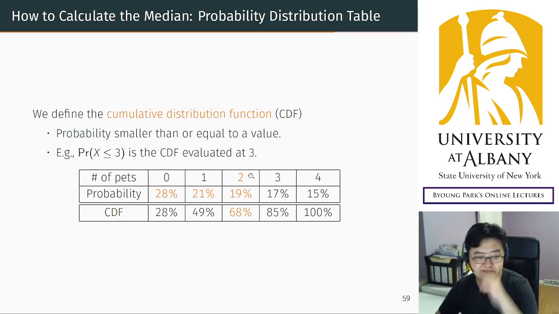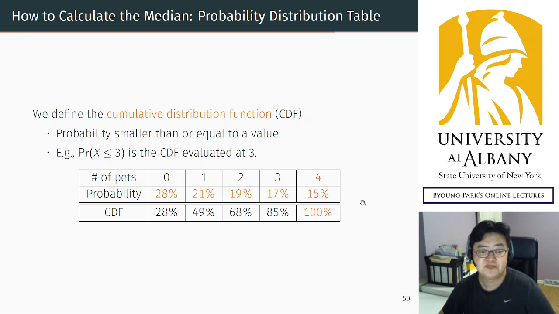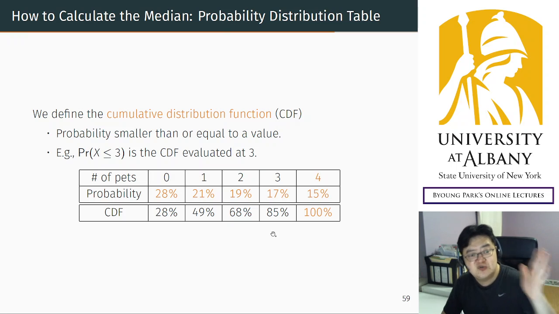Similarly, at 2 the cumulative probability is 68%, and then 3, 4. At 4, if you accumulate probability up to 4, it's everything, because all the possible outcomes are 4 or smaller. So in the end, the cumulative probability should be 100% at the largest possible outcome. It's obvious. It should always be increasing: as you increase the point, it accumulates more probability, so it is at least equal or larger.